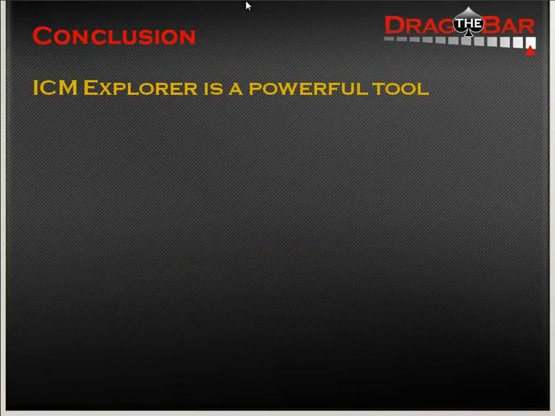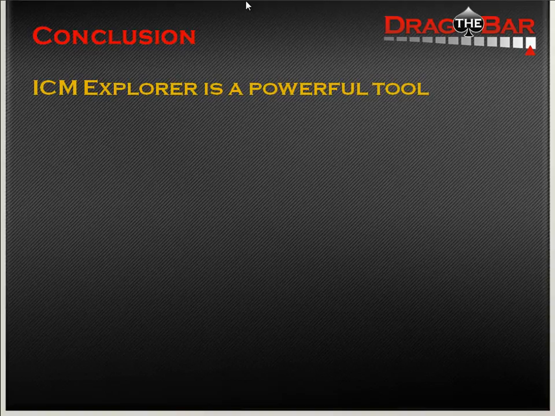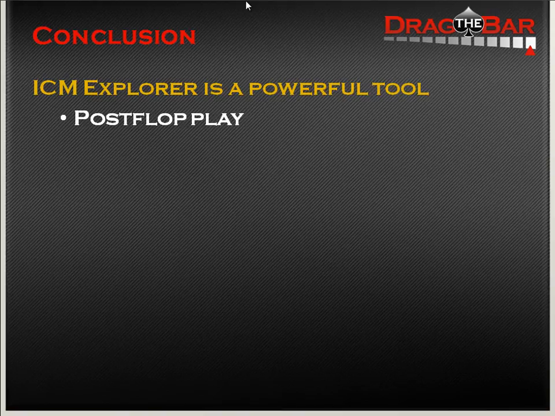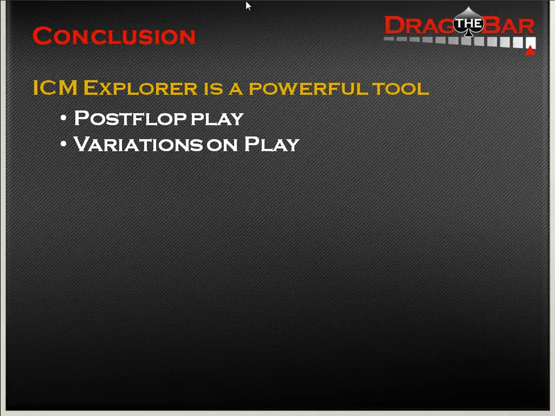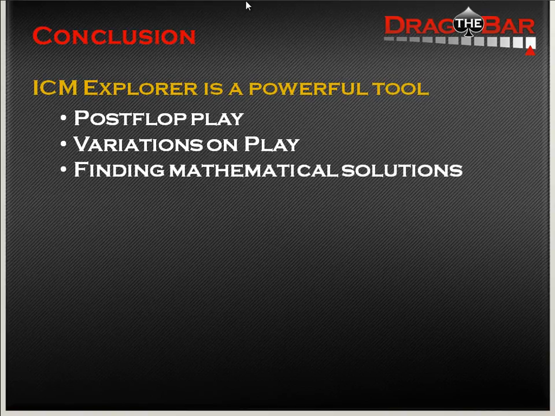Alright, so as you've seen from the video, ICM Explorer is a really powerful tool. It allows us to look at our post-flop play for things like bluffing, calling bets we think are bluffs on the river, semi-bluffing, all sorts of other really useful stuff. It looks at variations on play, like this last hand where we were trying to decide whether to induce or not, or whether we should be semi-bluffing the turn versus bluffing the river with the ace-king hand.